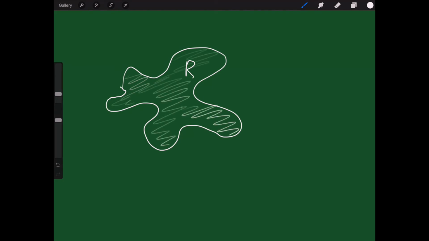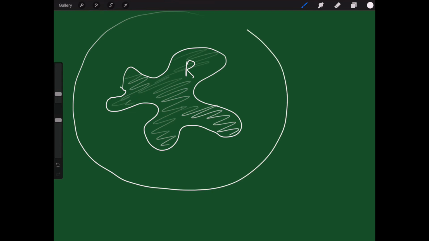If I could draw some disk that includes the entire region, then that region is bounded. If I could not draw that, then it is not bounded. So in this case, this region R is bounded because it can be contained inside of some disk.